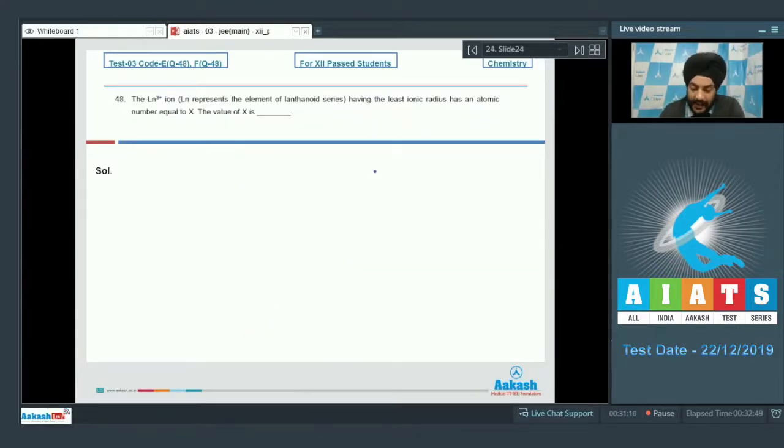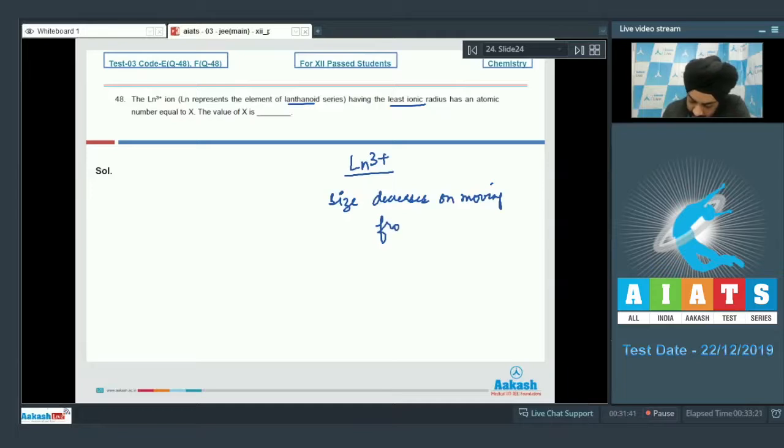Question number 48. The Ln3 plus ion, where Ln represents the element of the lanthanide series, having the least ionic radius has an atomic number equal to X. The value of X is. Students, if we talk about Ln plus 3, we know that the size decreases on moving from left to right.